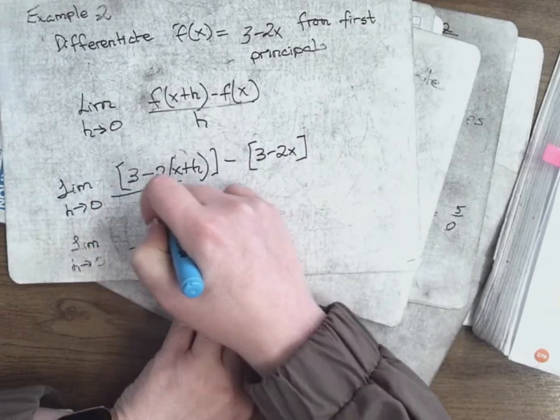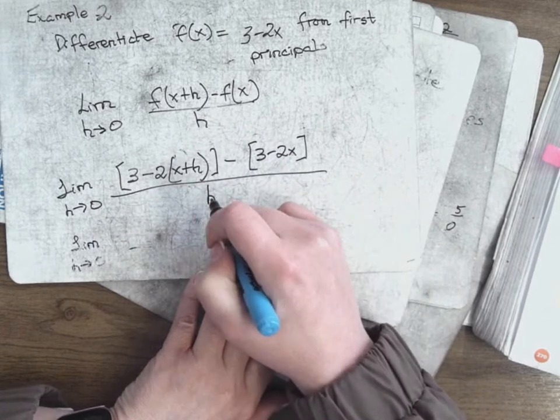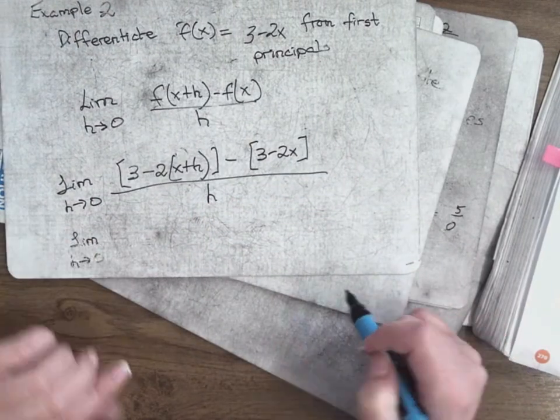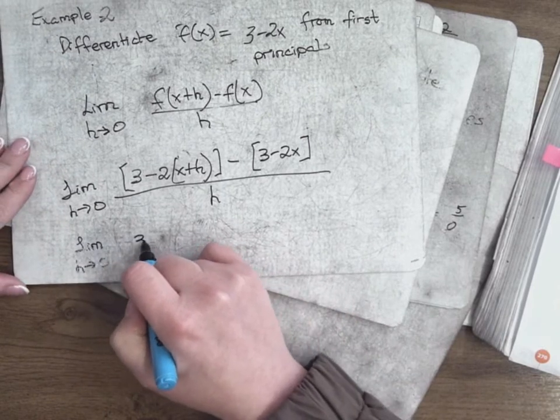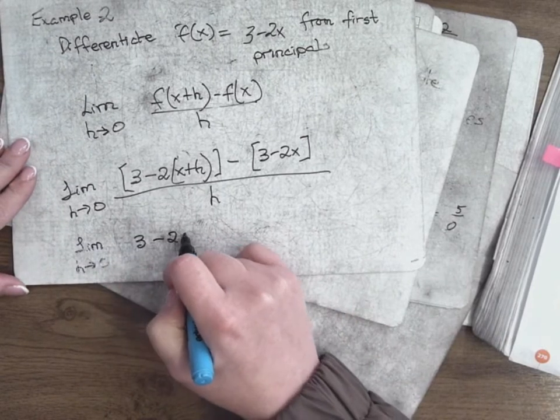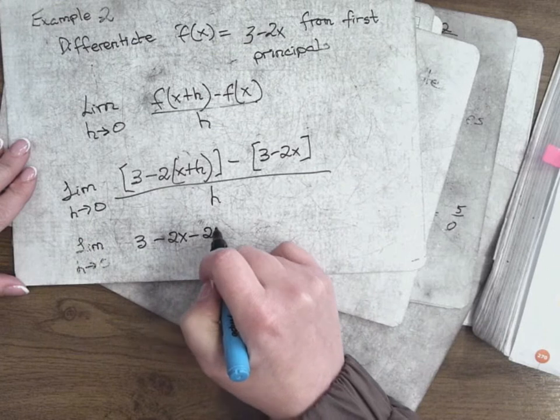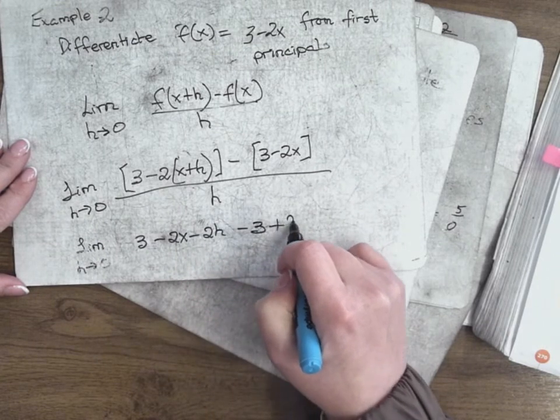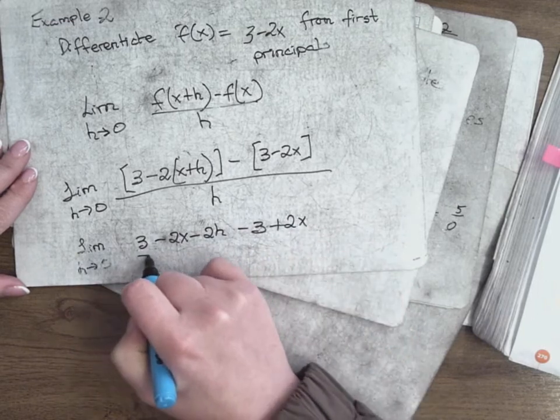And that's all over h. Okay? Alright? Multiplying out. So we get 3 minus 2x minus 2h minus 3 plus 2x all divided by h.